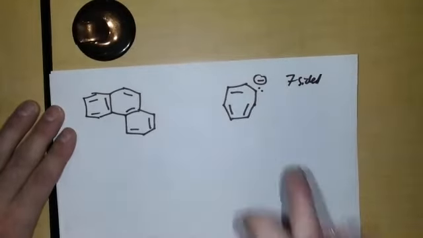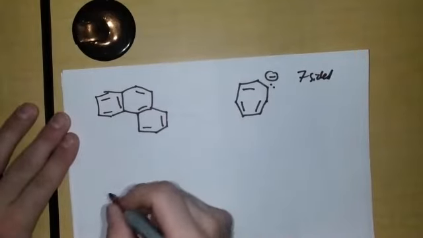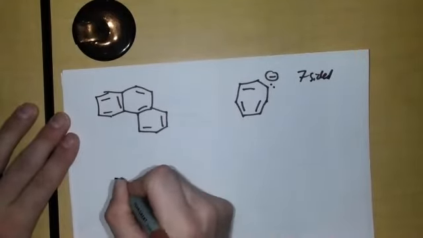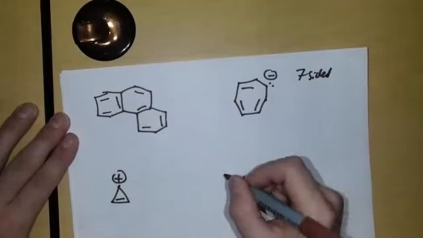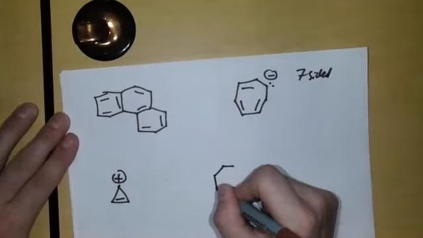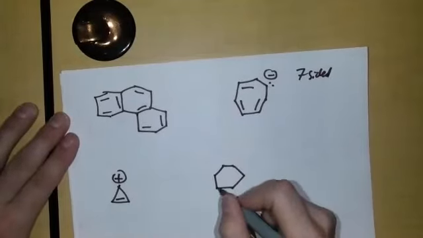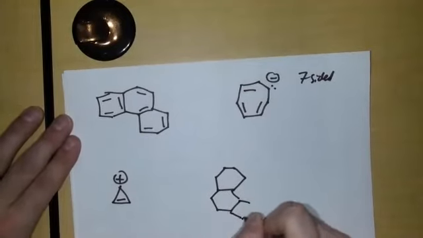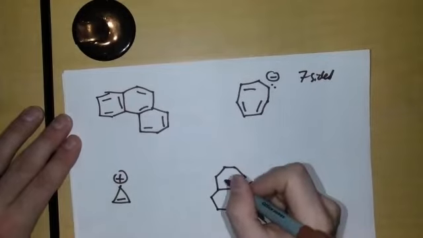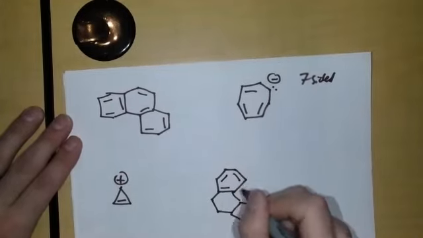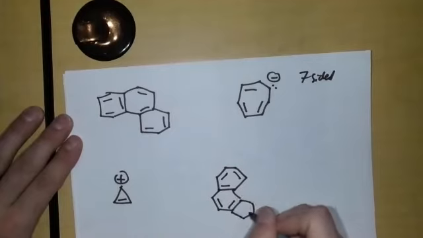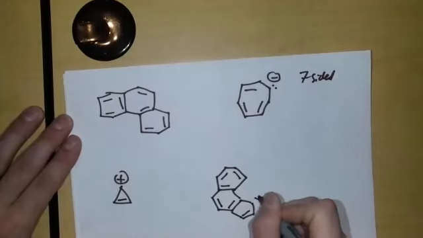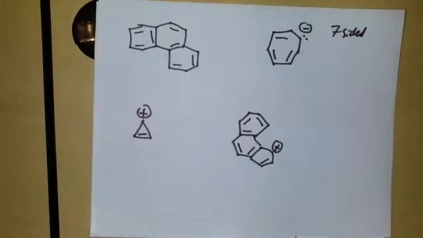This is a 7-sided ring, just so you can tell. The first class had a little bit of trouble seeing that. Okay, so take about 5 or maybe 3 minutes, go through these and figure out if they're aromatic or anti-aromatic.